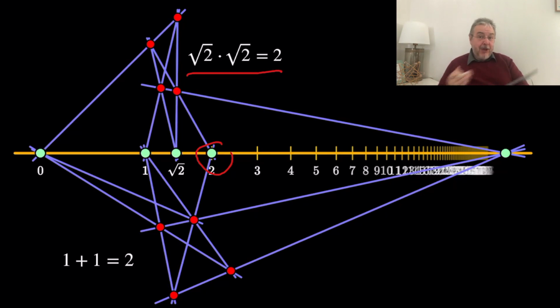So by using von Staudt constructions, I encoded square roots into geometric constructions. You can even go further and say, give me your favorite algebraic number. Algebraic numbers are defined to be the roots of polynomials.